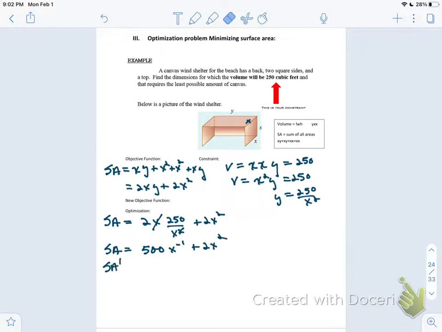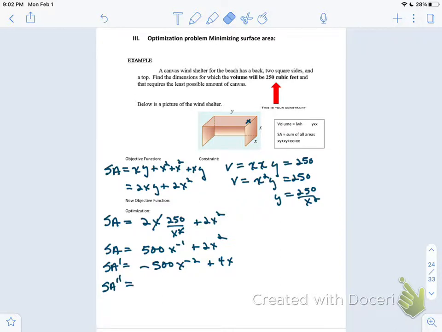Surface area prime equals negative 500 x to the negative 2 plus 4x. Okay, and we might as well take the next derivative.